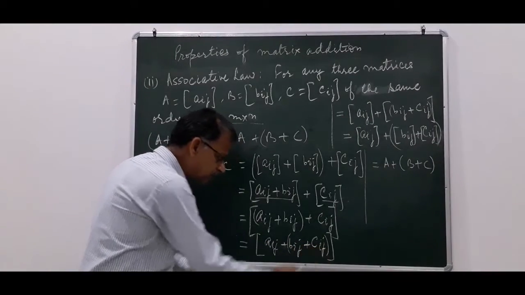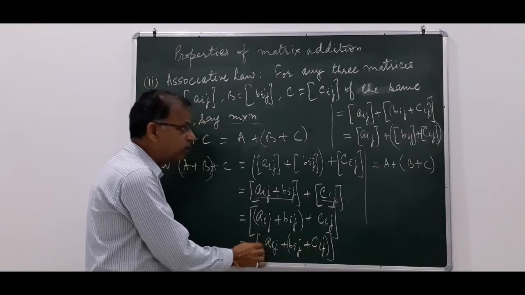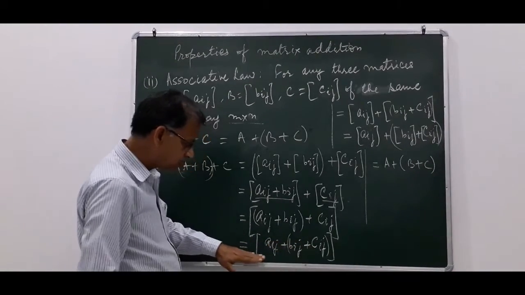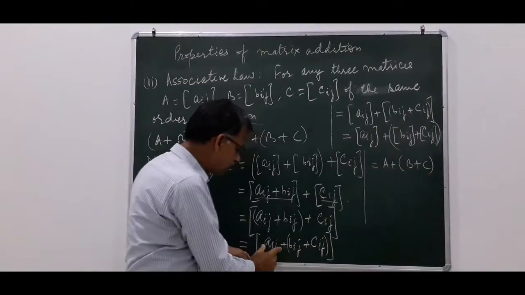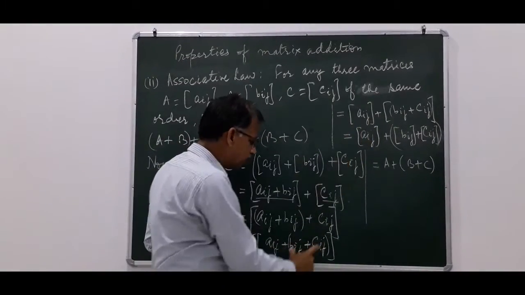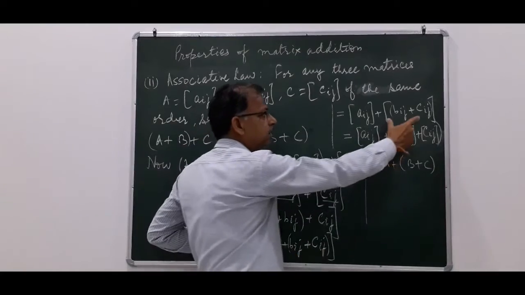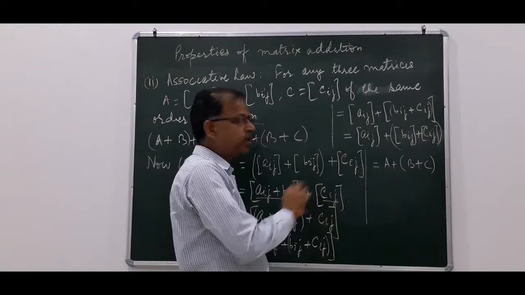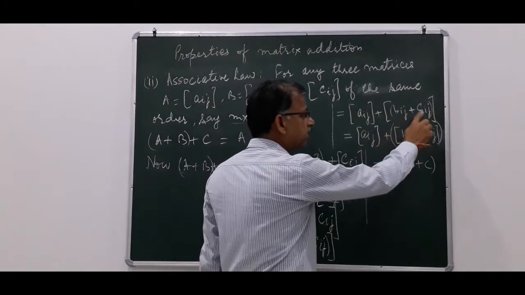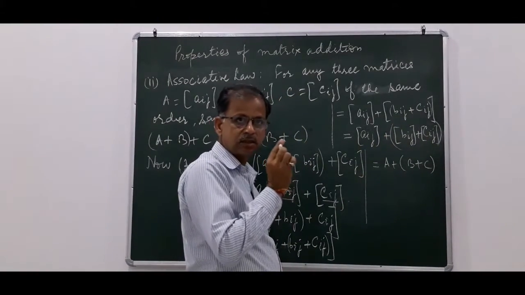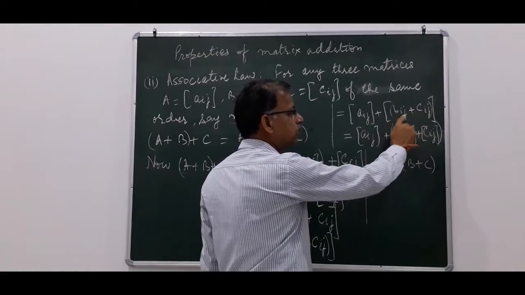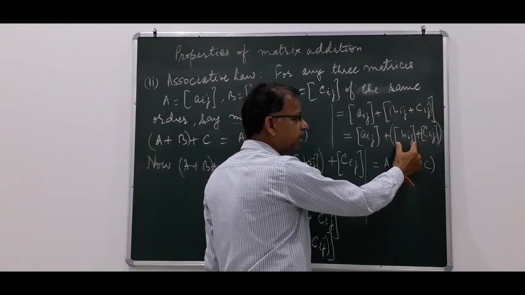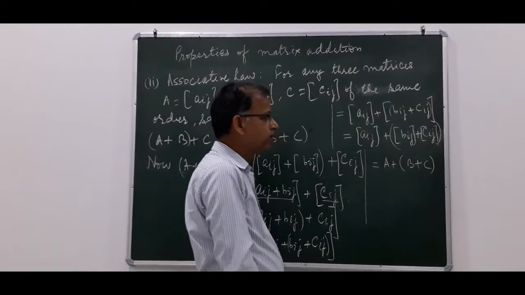Now this matrix is sum of two matrices. We can convert it into sum of two matrices, taking first element Aij, and this second element we convert into a matrix. Now this matrix is again sum of two elements, so we can write this as sum of two matrices Bij and Cij.